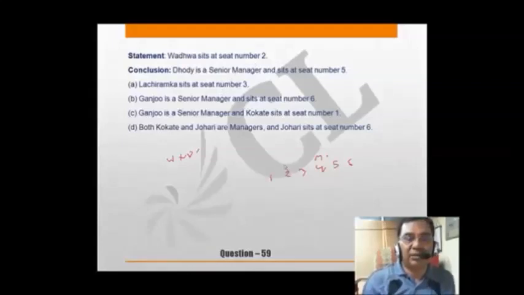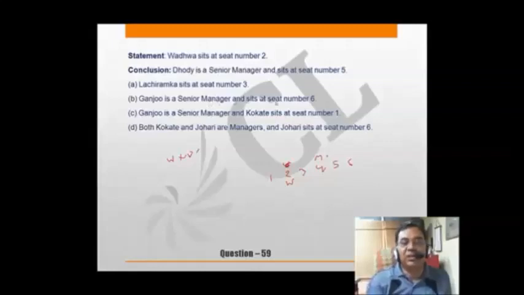Vadhva sits at 2. I'll put Vadhva here. Now Lachi Ramka sits at number 3. Obviously with this condition nothing can come, that we are very sure, because no information will be there.